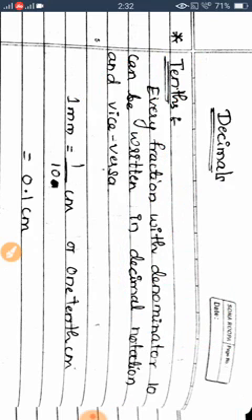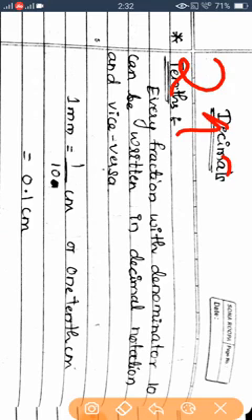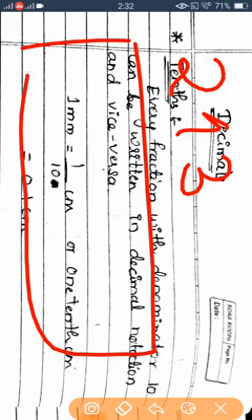In another way we can tell. See, in the number system, if 293 is a number, in the place value table you have the units place, the tens place and the hundreds place.